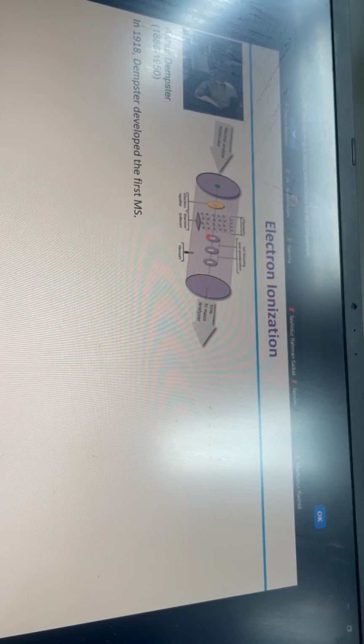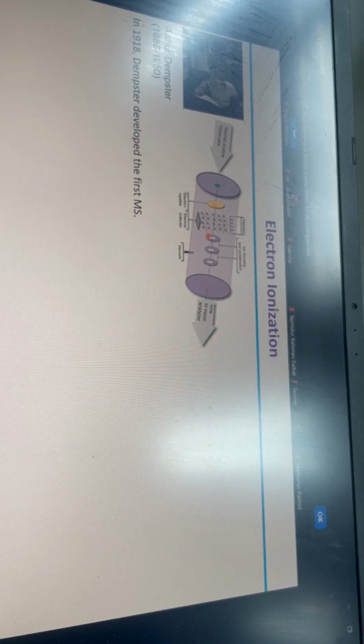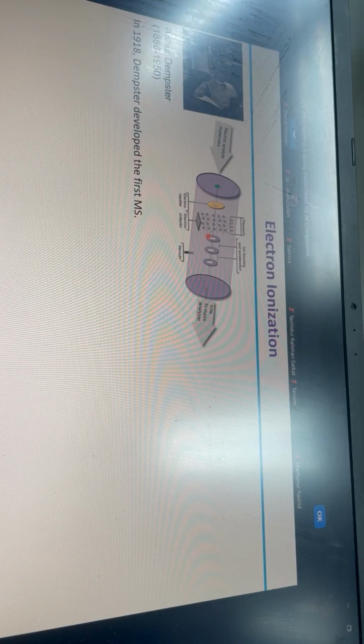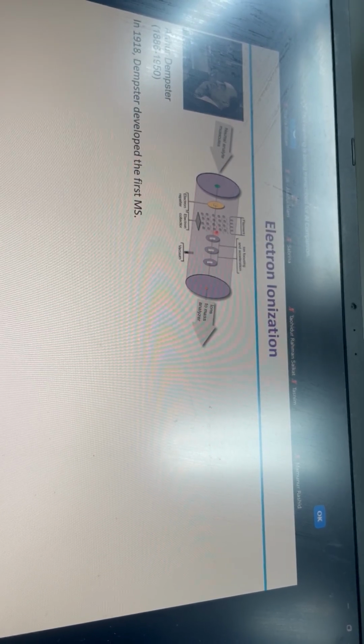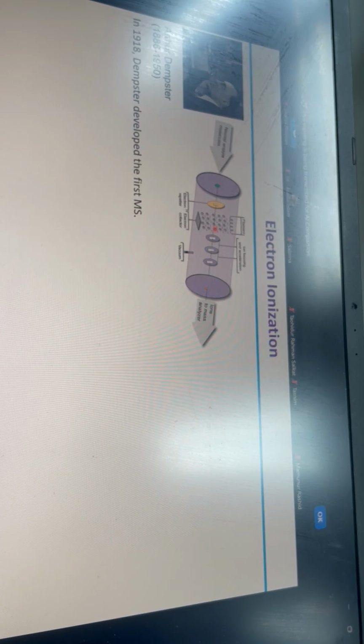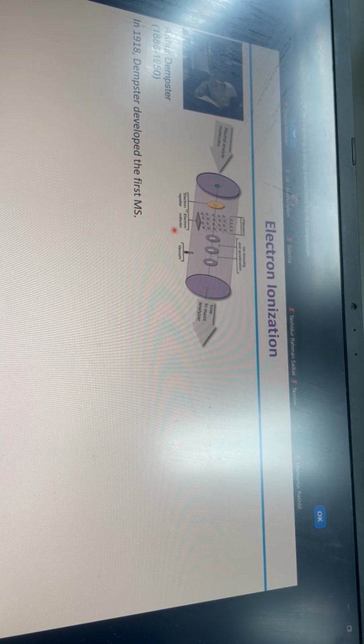So you have positively charged analytes, and then he put negative voltage using some electrode, and then the ions move through the electrode and enter into the mass analyzer, and that way he can detect all of his analytes. As he is using electron cathode ray to ionize his molecules, that's why it's called electron ionization.